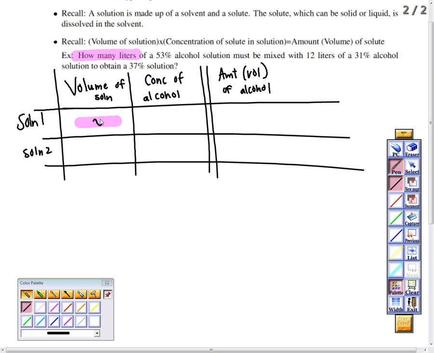We don't know, so we're going to call that X. The 53% alcohol solution is my concentration, and that goes right here. We're going to change that percentage to a decimal. That's how we change the English into math. 53% becomes 0.53. Then we take volume times concentration, which gives me the amount of alcohol. So we multiply across, and this is 0.53x.